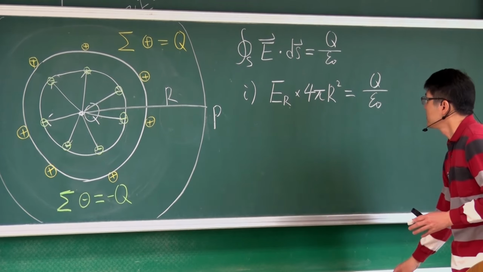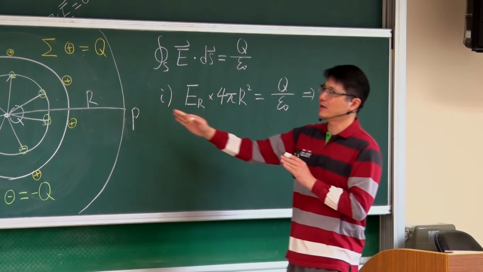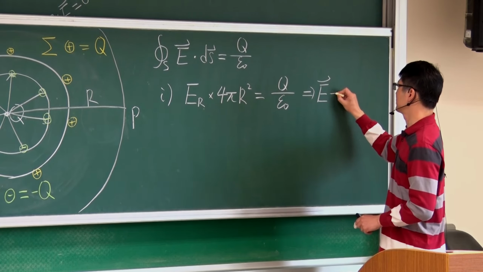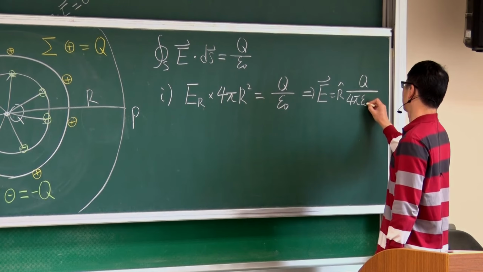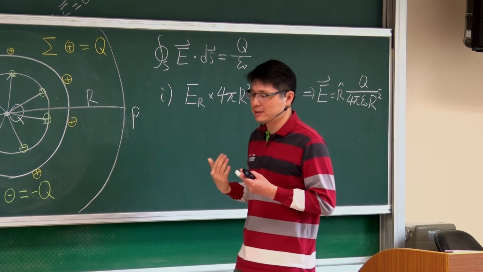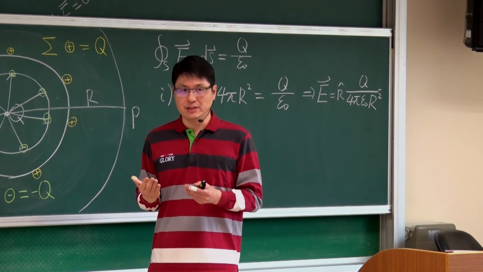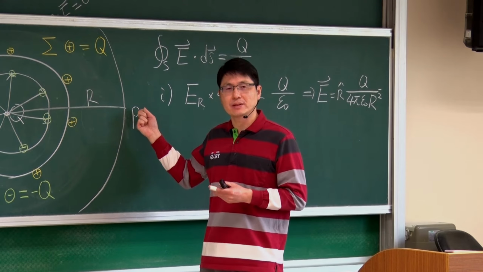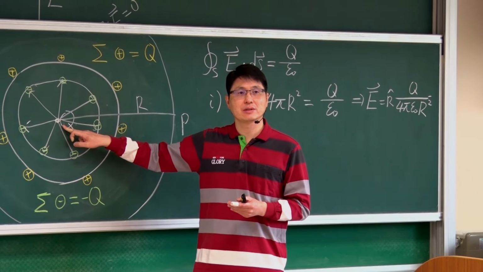Take a good look. So this is telling you, when we are standing outside of the shell, the electric field intensity being felt at the observation point is exactly identical to just having the charge.